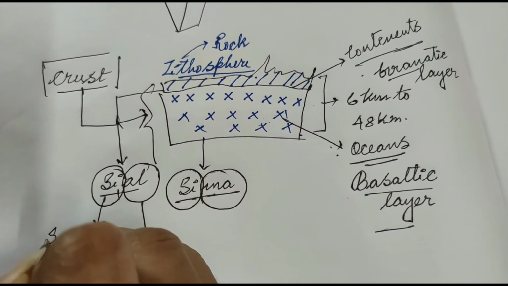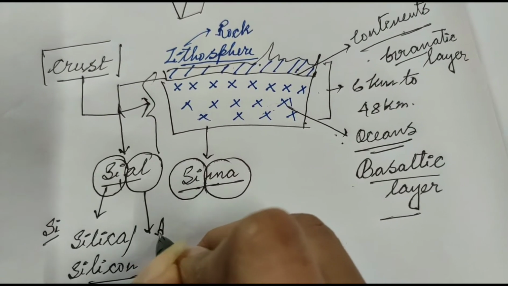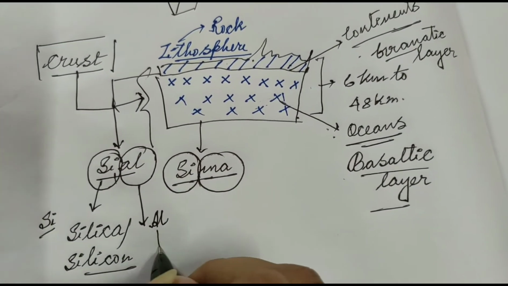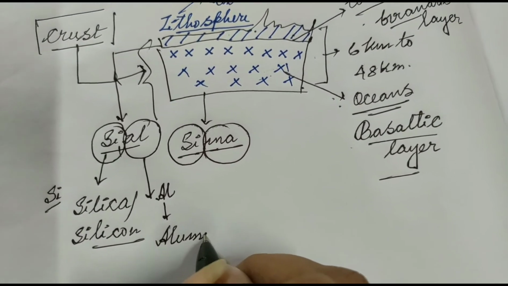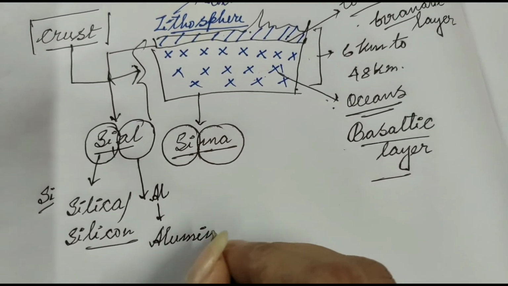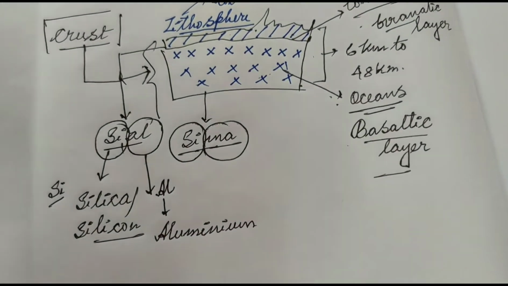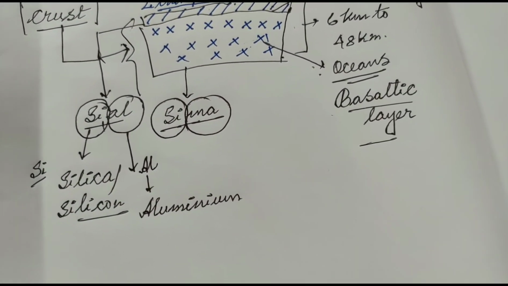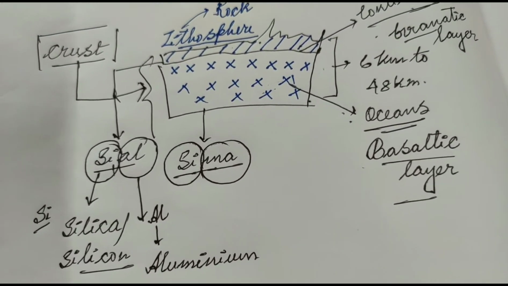The symbol of silica is Si, and Al is the symbol of aluminium.